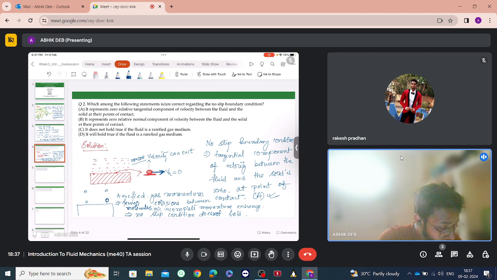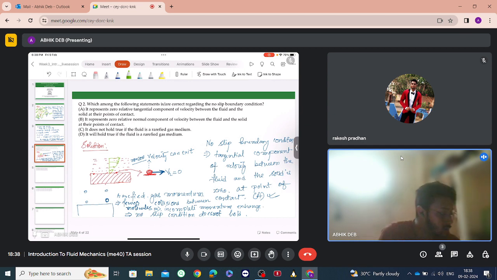In the case of a general fluid, whatever the velocity might be at the surface, the velocity keeps on decreasing until it becomes zero in contact with the solid. This happens because of the viscosity of the fluid. In gas, the viscosity comes from the momentum exchange. In a rarefied gas medium this momentum exchange will not be sufficient, so we cannot be certain about the role of viscosity.